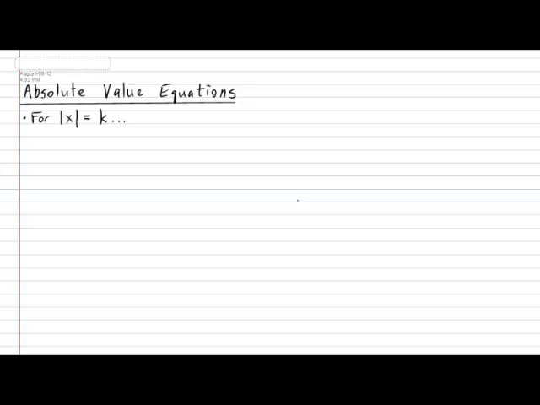Suppose you have an absolute value equation solving for x, where you end up with absolute value of x equals a result, k. Now a couple of things can happen depending on what k is. So I'd like you to put number 1. Well, the first thing that can happen is, what if the equation you're solving involves a positive result?